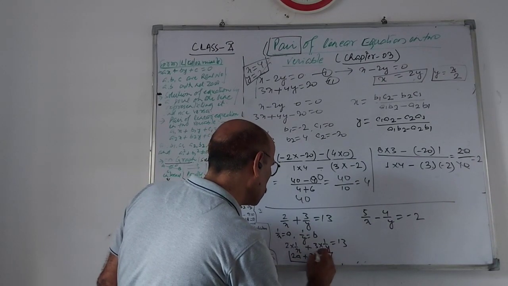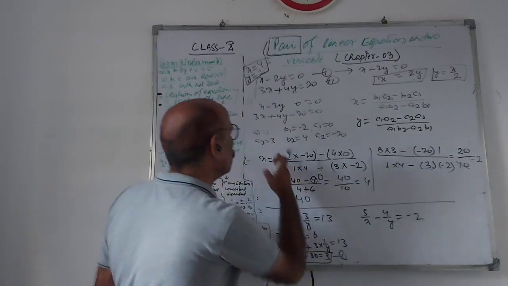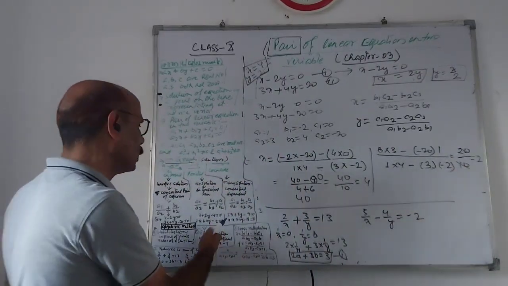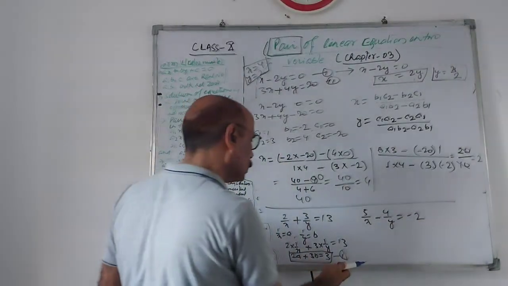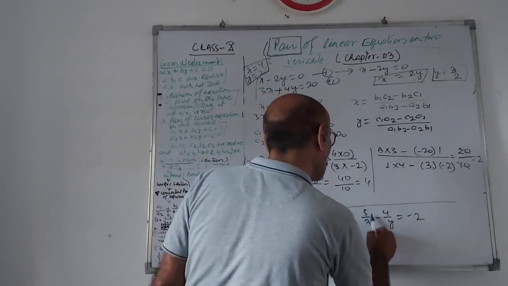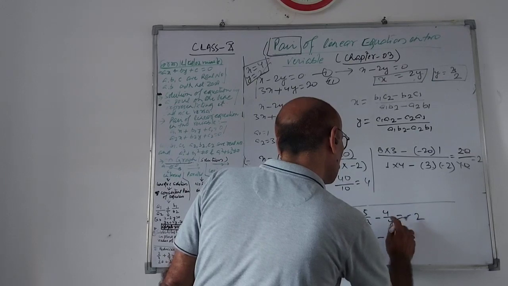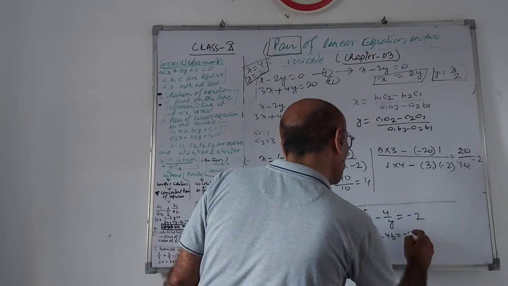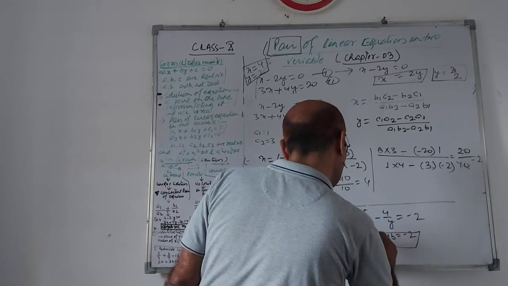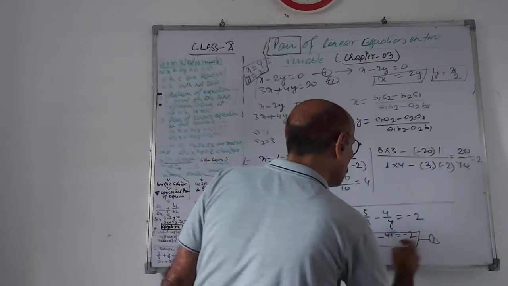Now it is a simple equation, solved by any method, let it be substitution, elimination, or cross multiplication. In the other simple equation, here also 1 by x, so that means 5a, 1 by y, b, so 4b minus 2. Like this you got two equations in simple form.